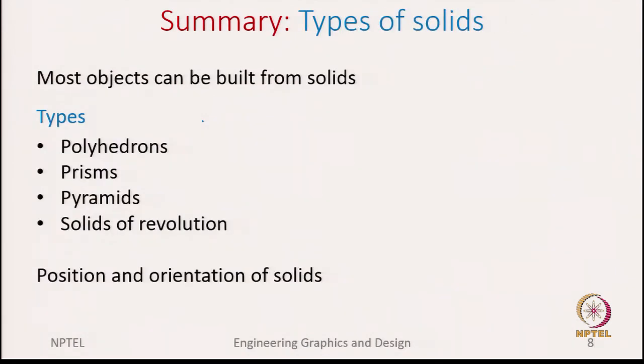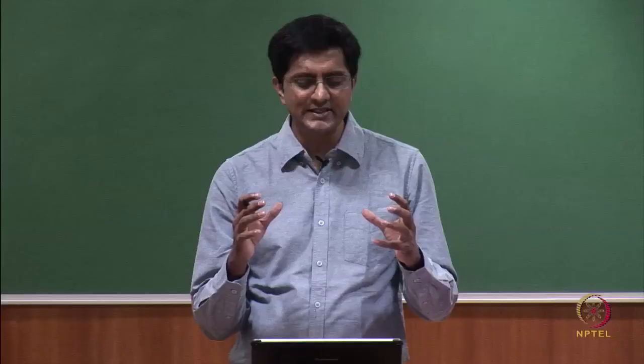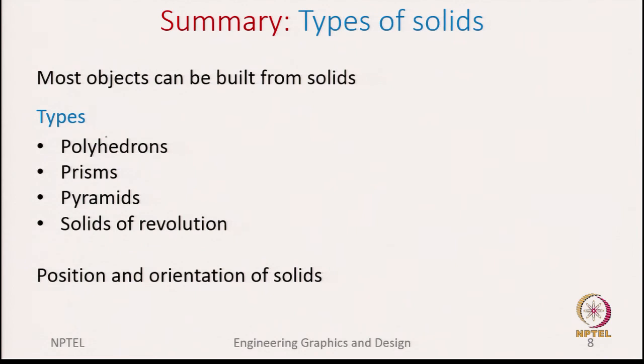Okay. So, in summary, what we have discussed in this lecture is that most of the commonly used objects can be composed of very simple solids, and these solids are classified into polyhedrons, prisms, pyramids and surfaces of revolution.